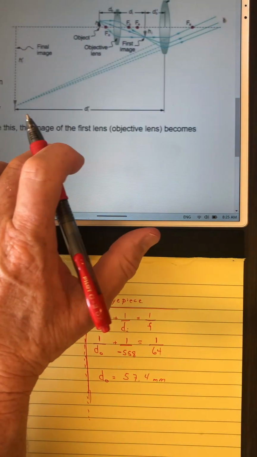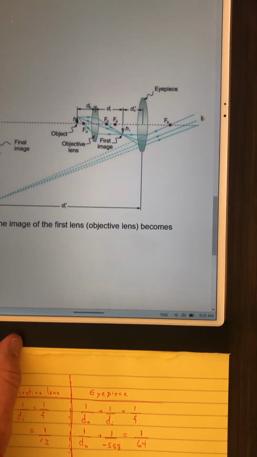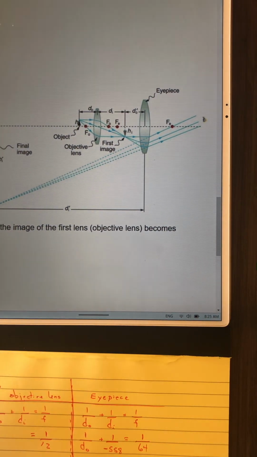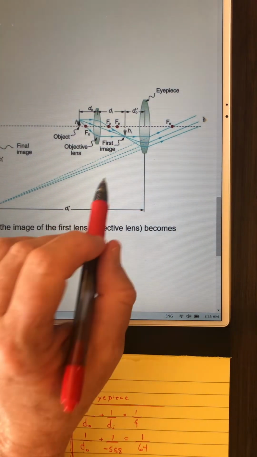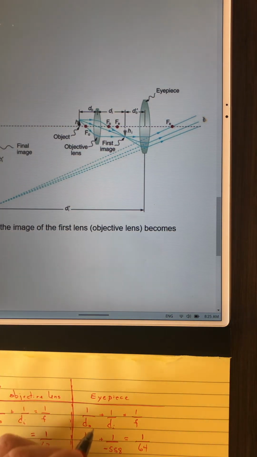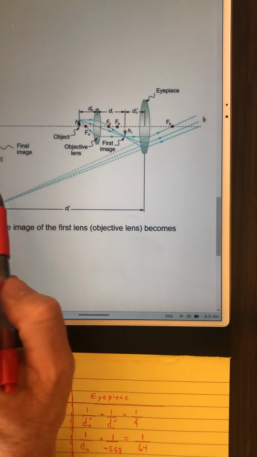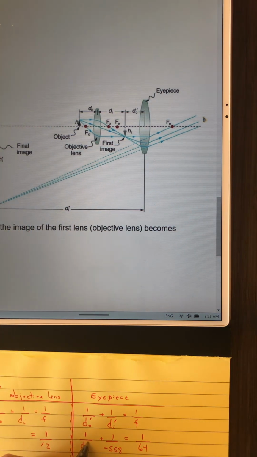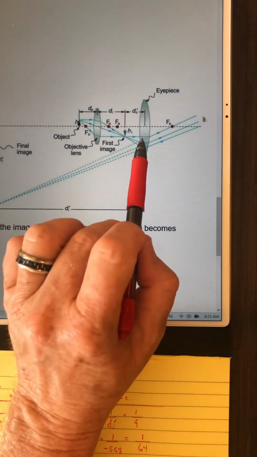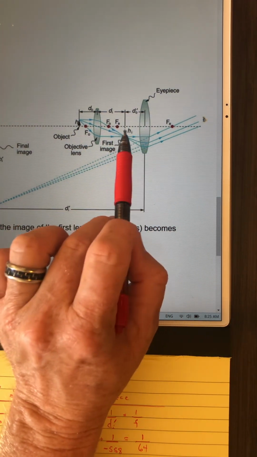Because what that would mean, coming to our picture here, is that this object distance, which, by the way, maybe I should put little primes here to indicate the second one, because that's how the diagram has it, I have just solved for this right here.